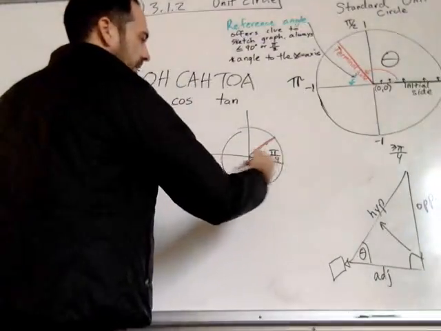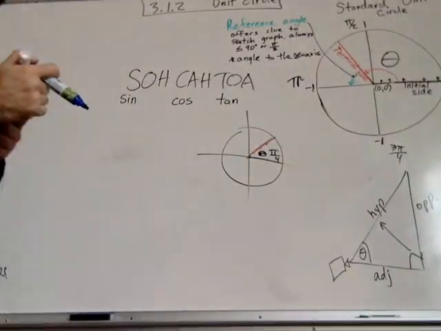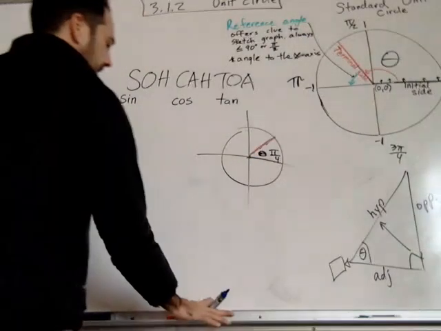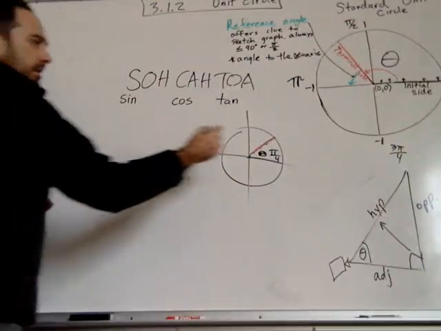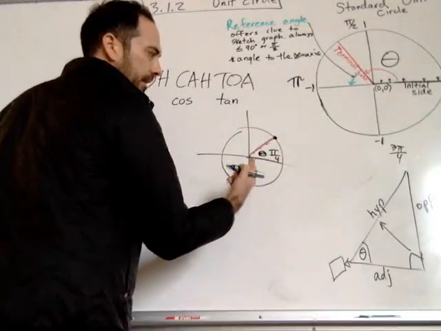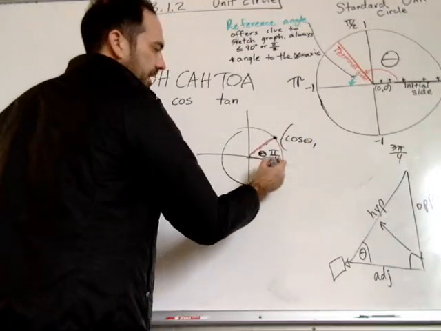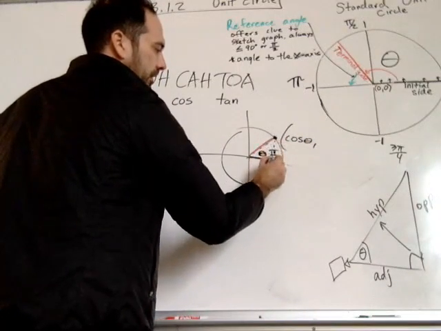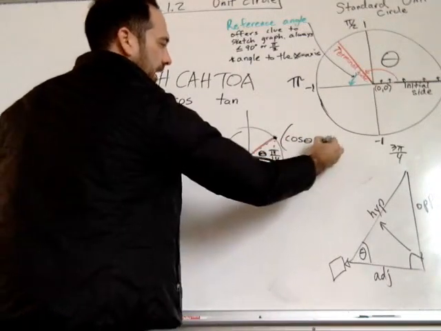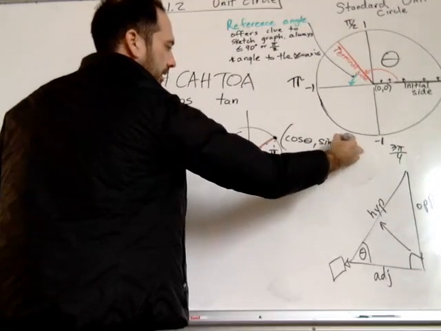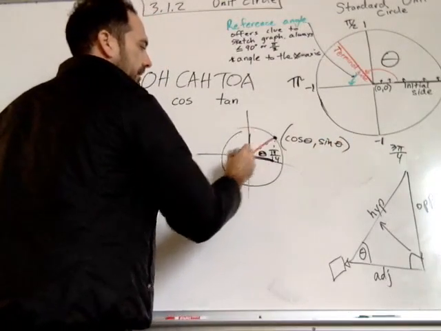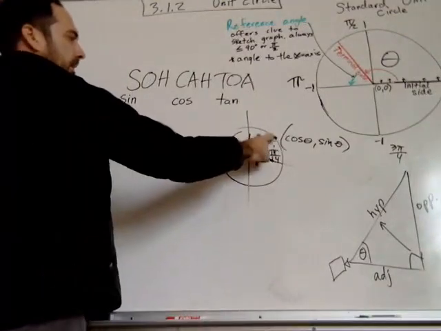Here's always our initial side. So all I have to do here is remember that if I want to find this point, that point is at cosine theta, because that would be how far over along the x. And sine of theta, that's how far up you have to go, right? That is where that point is located.